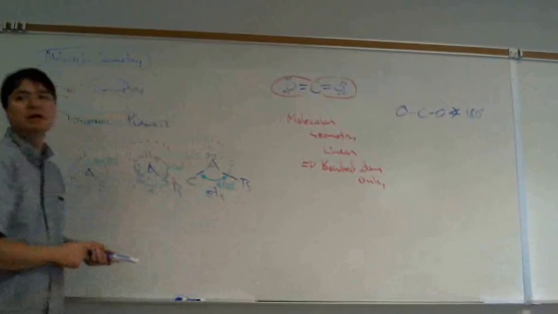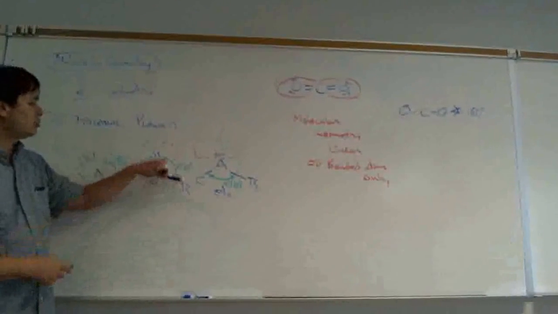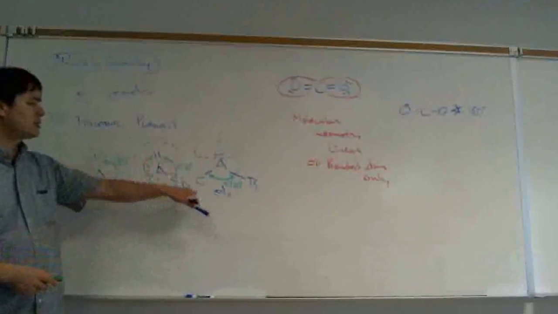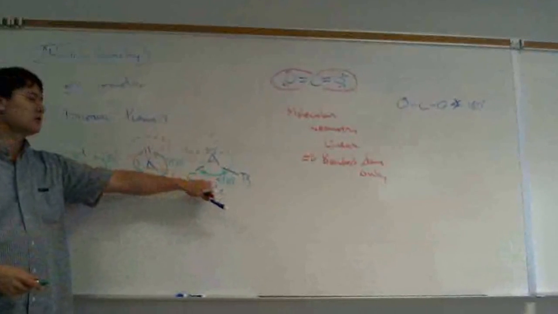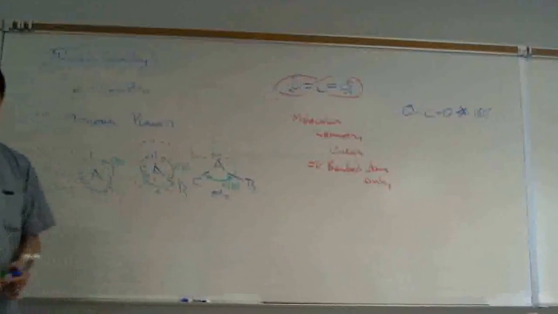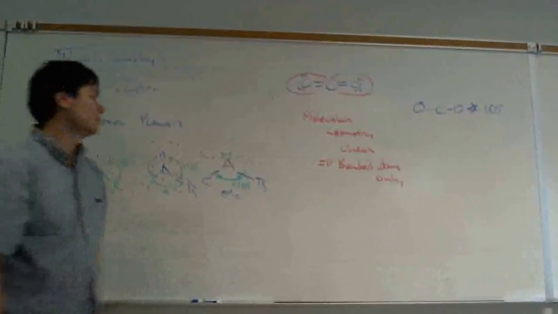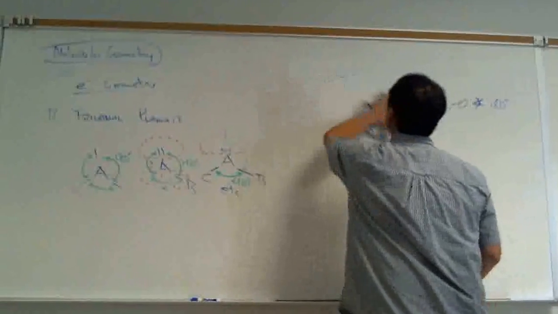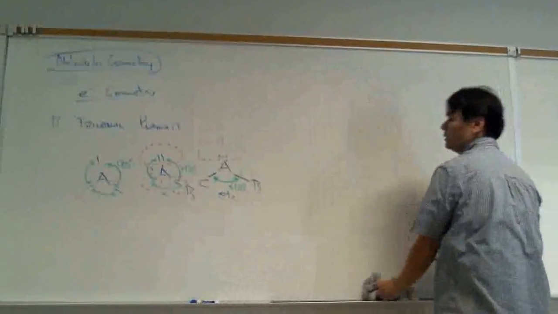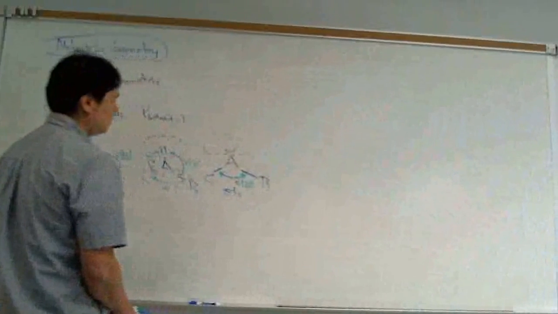If this were about 122, that means this angle must be about 116. It wouldn't be like 100 degrees, that would be hugely less than 120. Let's take a look at some examples of this right now.